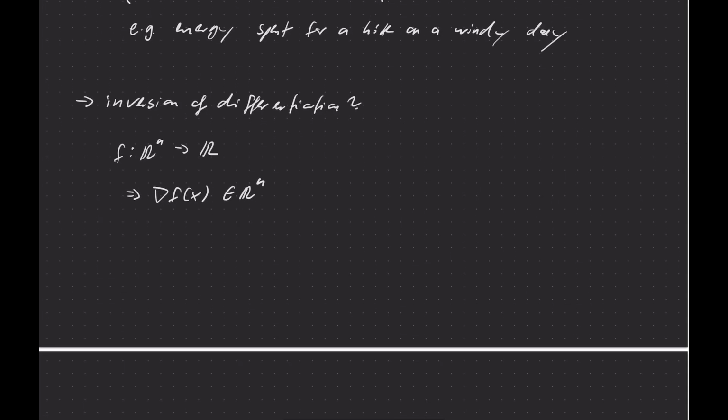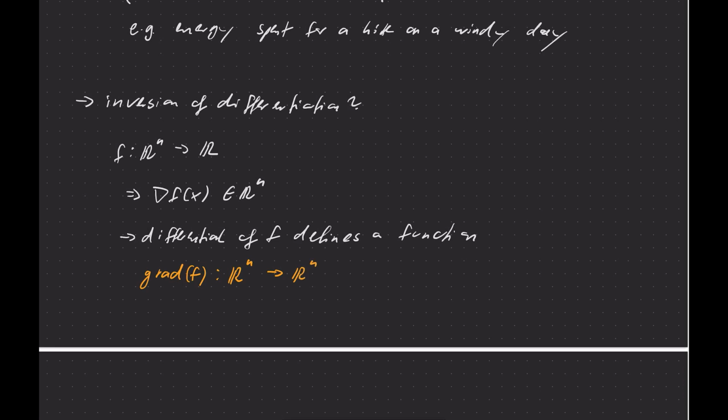Now you could say that gradient computation defines a function. So the differential of f defines a function. And we call that function gradient, and we'll denote it by grad. So that's the function grad f, the gradient of f. That's a function that assigns to every point in Rn another point in Rn.